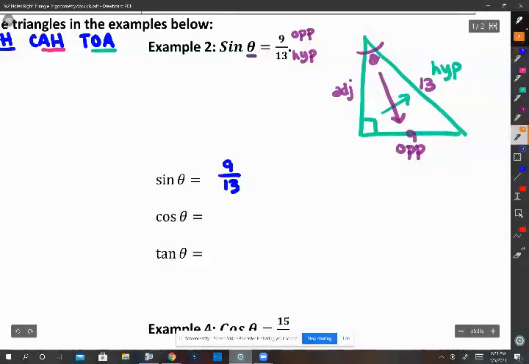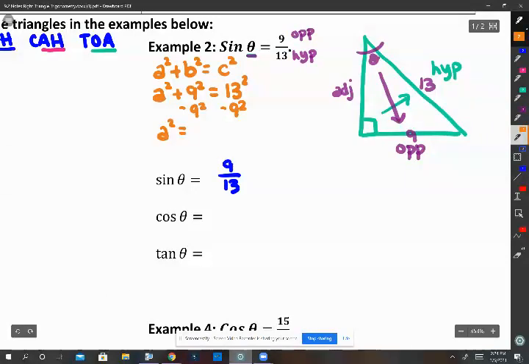And so to find the adjacent length, we're just going to do the Pythagorean theorem. So remember, that's a squared plus b squared equals c squared. And so we're looking for the adjacent side. So I'm going to say a squared plus 9 squared is equal to 13 squared. And then remember, the way we solved it is we just subtract 9 squared from both sides.